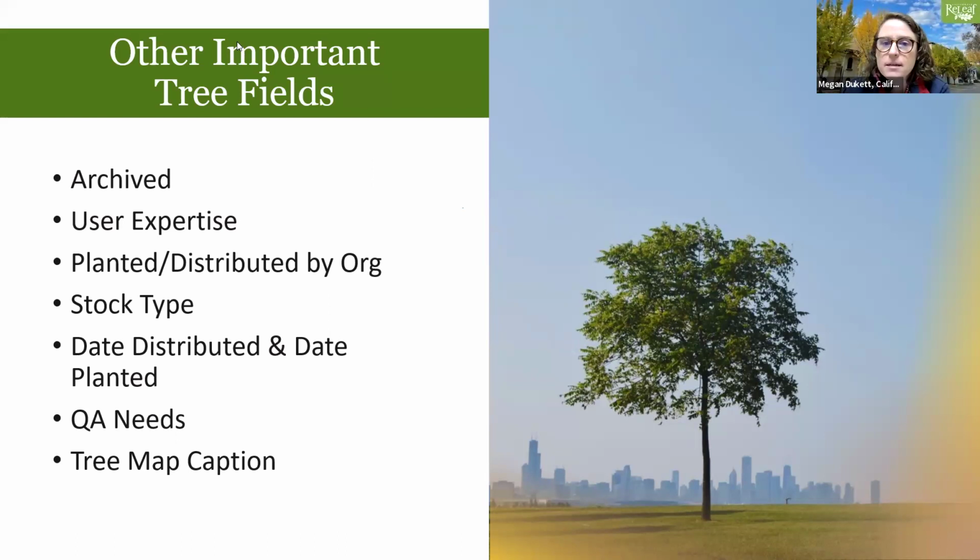Let's see here. Does anybody have any questions so far about any of the fields? I wanted to let you know that Alex has put together a really great guidebook with definitions. And I'm going to put that in the chat right now. It's the Network Tree Inventory Program User's Guide.